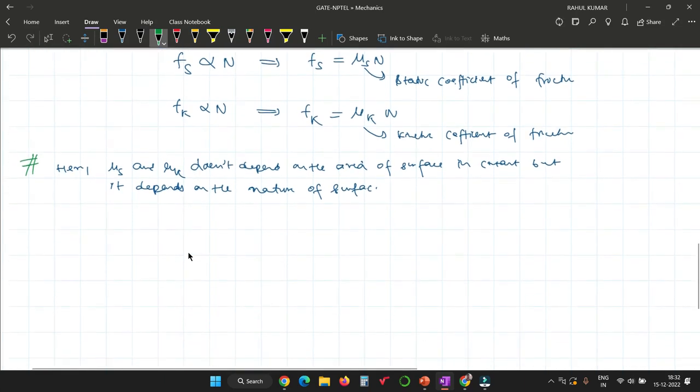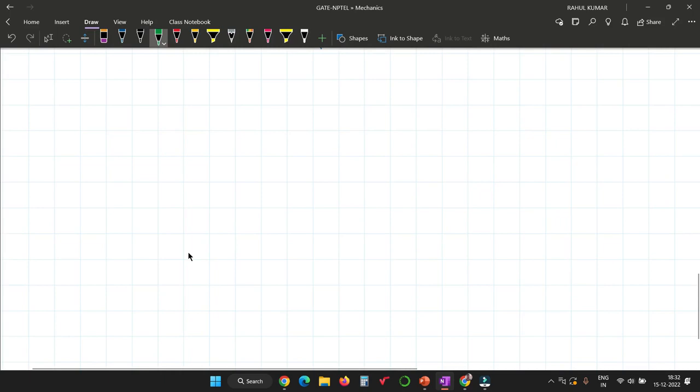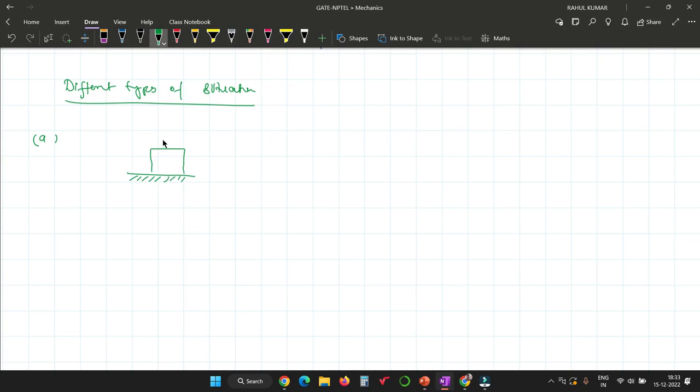No, sir. Yeah, so now let's move to the different types of situations. Situation number 1. Suppose there is a horizontal surface and a block is resting on it, and you are applying an external force exactly in the vertical direction, passing through the center of gravity.